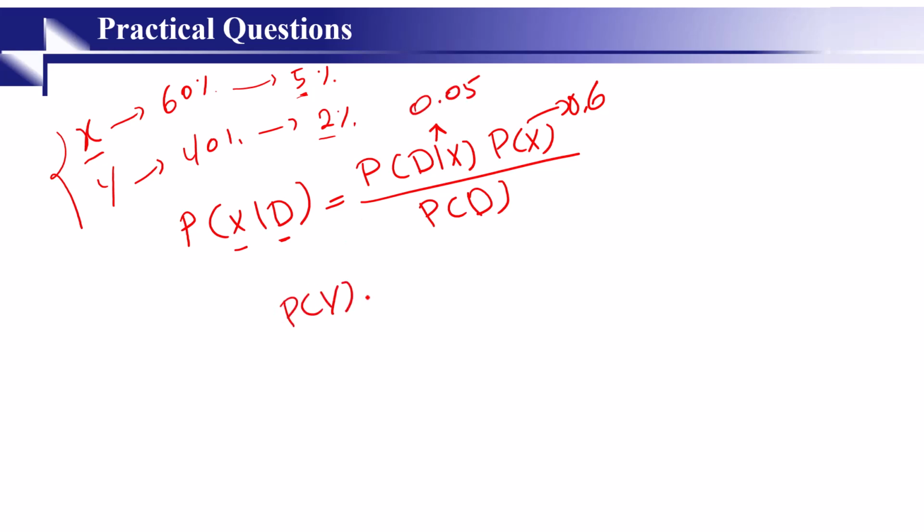Probability of Y is equal to 40%, and probability of D given Y is equal to 2%, right?